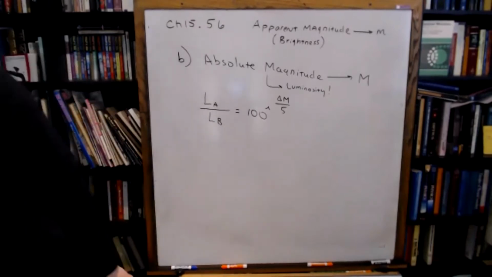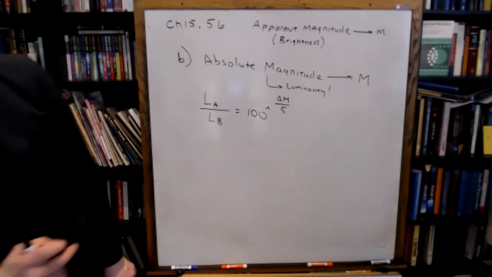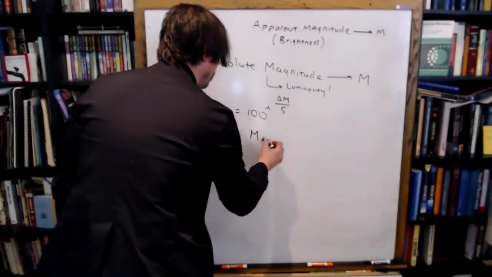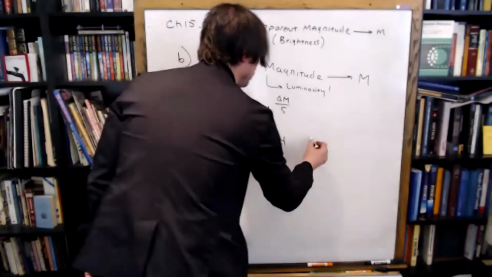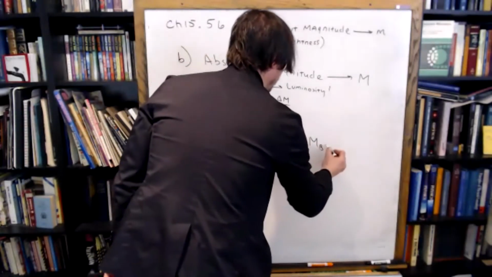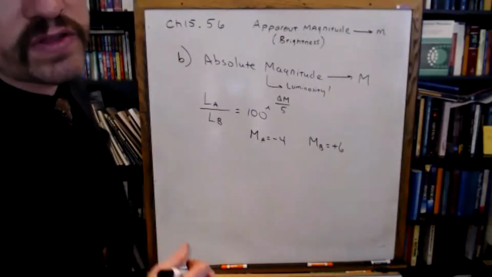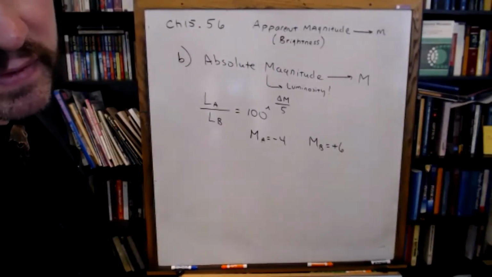So in question B, they ask us, which has a greater luminosity? A star with an absolute magnitude of -4, or a star with an absolute magnitude of +6? Which of those is the more luminous star?